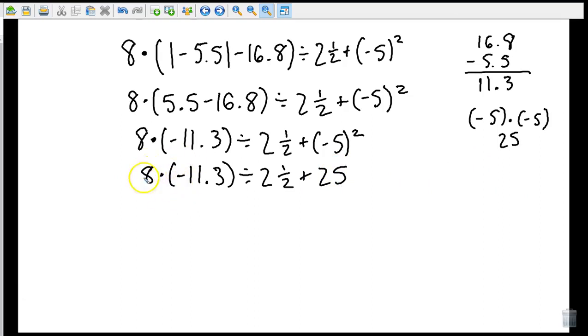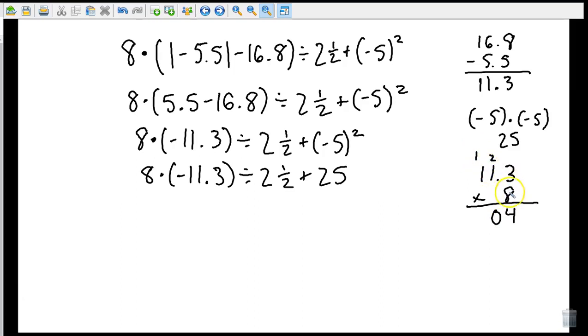Okay? Now let's do the math over here for 11.3. Now we're doing multiplication because it's furthest left. So 11.3 times 8. And it will be negative because there's a negative sign, but I'm just not going to worry about that right now. So 8 times 3 is 24. Carry the 2. 8 times 1 is 8 plus 2 is 10. 0.